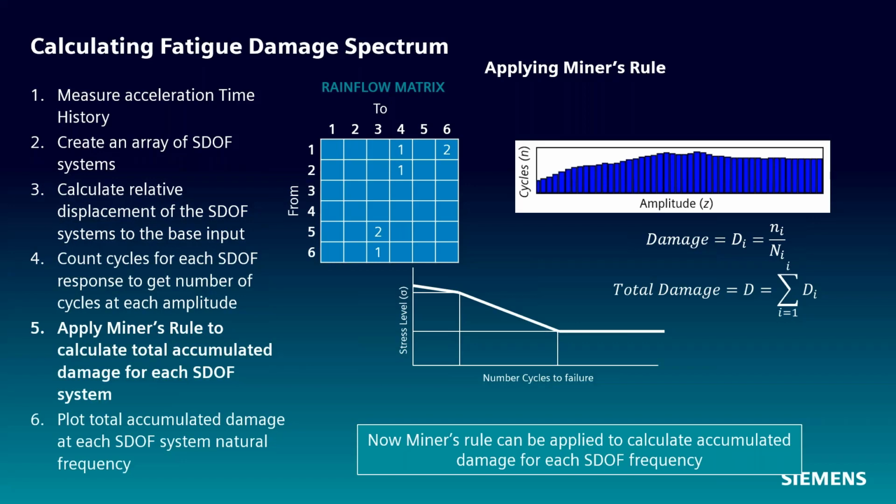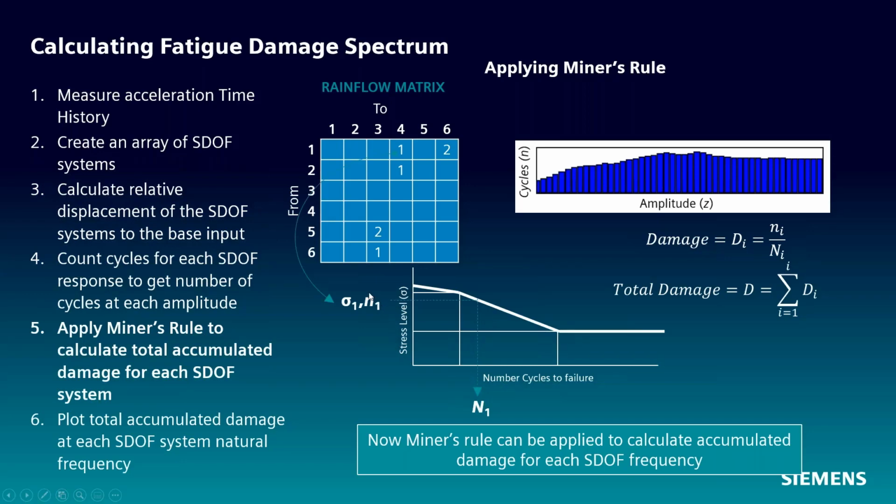So what we're doing here essentially is taking this stress number of cycle pairs from our histogram. We find out where this point at this stress level is on our Wohler curve and take the number of cycles to failure from the Wohler curve.